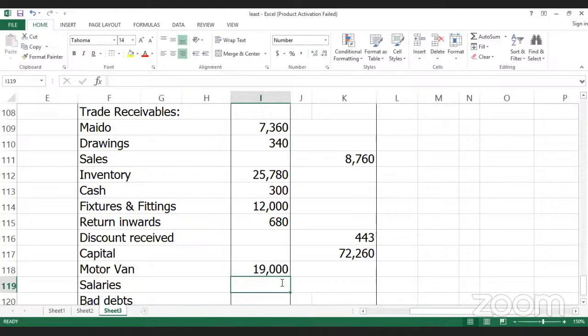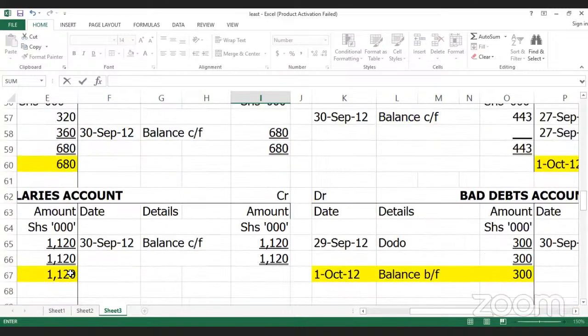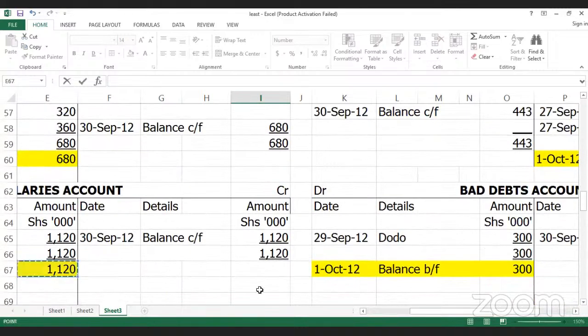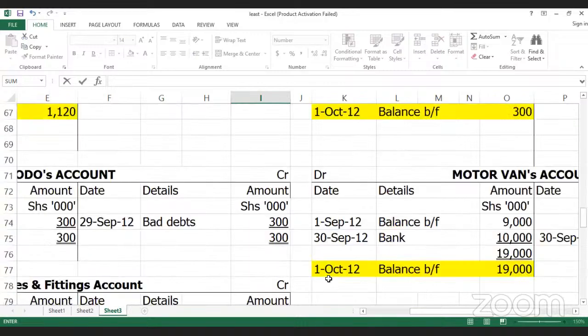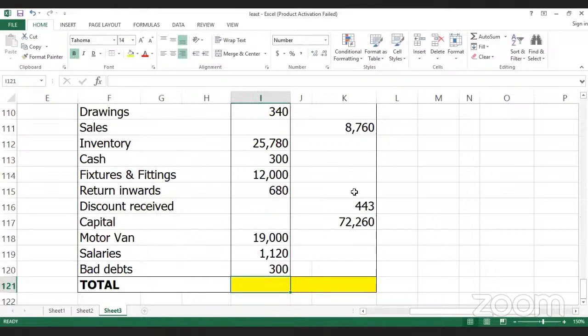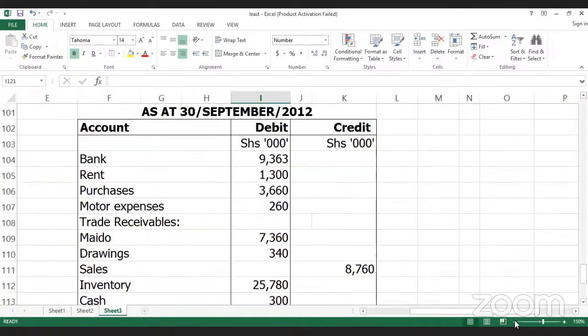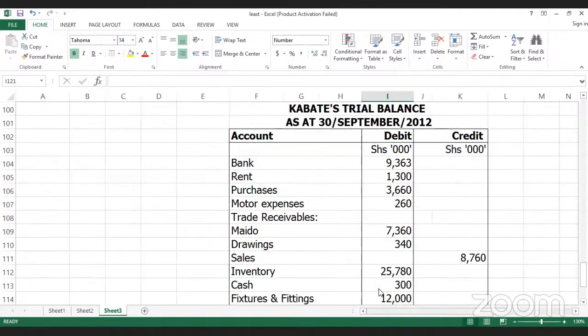Salaries, an expense, of 1,120. Bad debts, those are expenses, 300. So that's your trial balance.